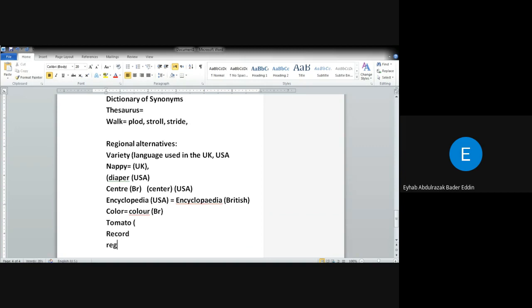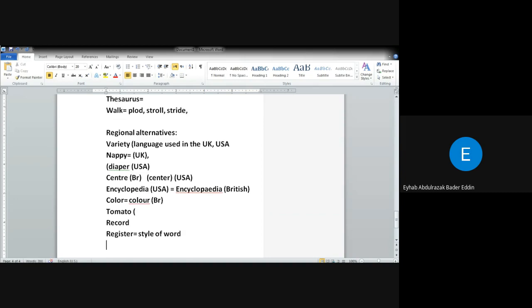Also, excellent dictionaries give you the register. What is the register? It is the style of the word. What does style of word mean? For example, is this word formal or informal, or is it old-fashioned, is it still being used or not, meaning is it used today or not.